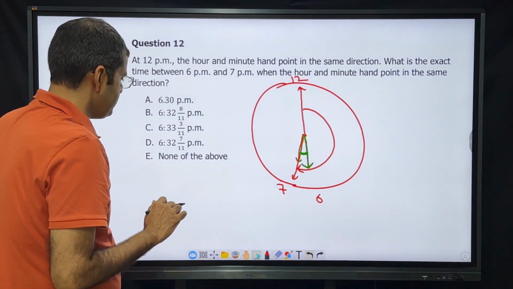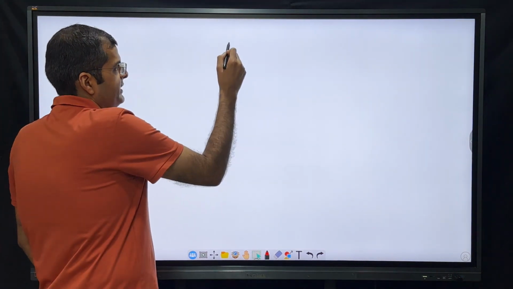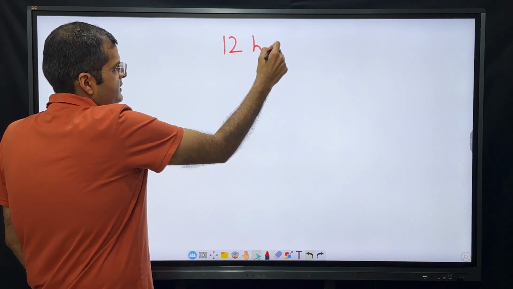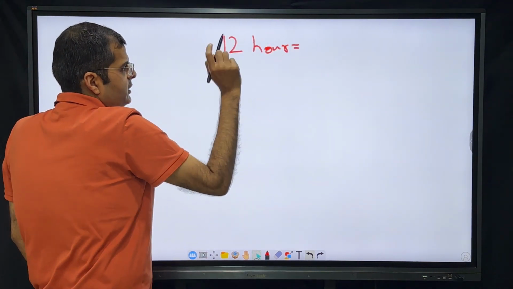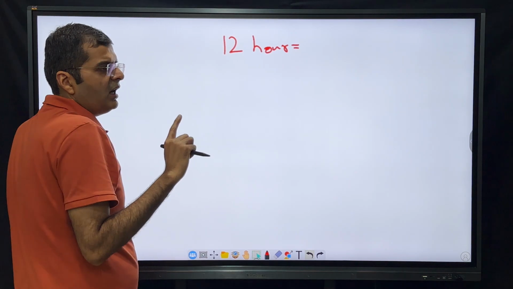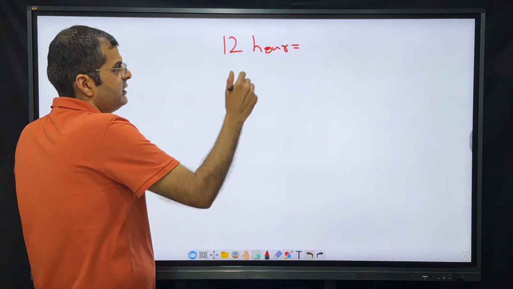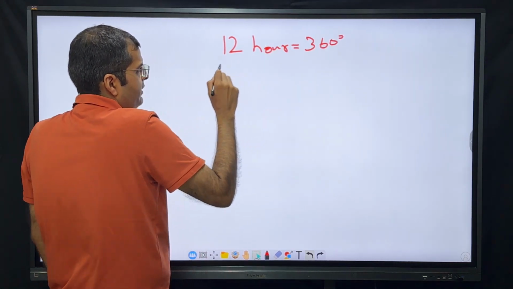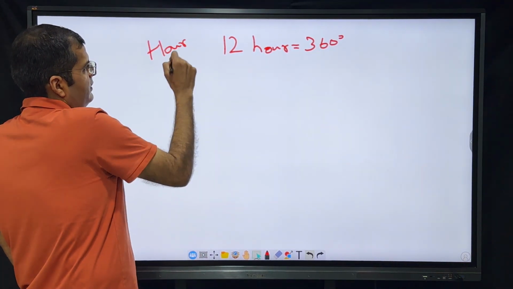So to understand the concept here, first you have to understand that in a 12-hour period, the hour hand goes from 12 to 12. That means it covers 360 degrees in 12 hours. This is for the hour hand.